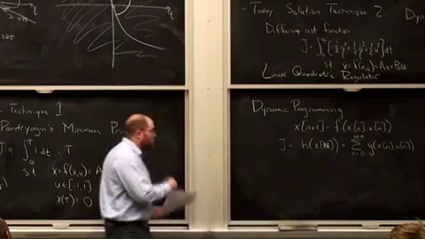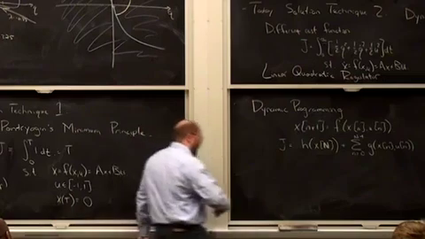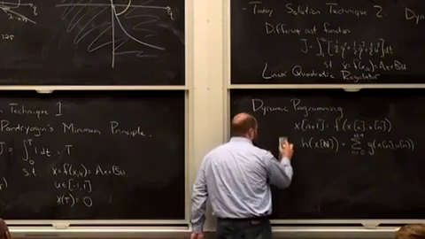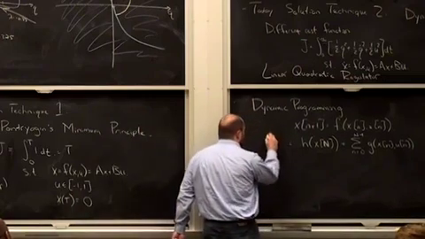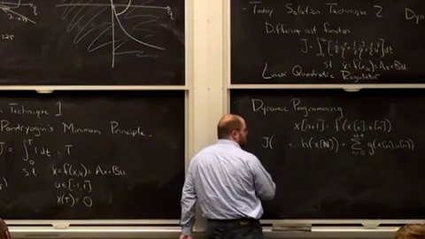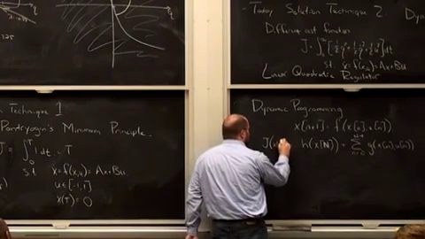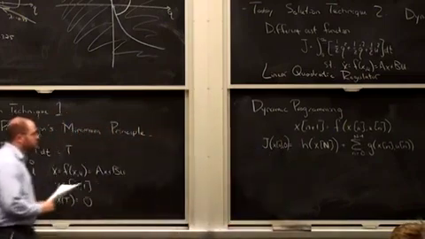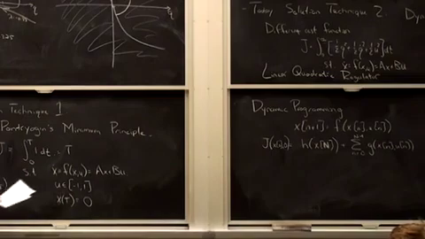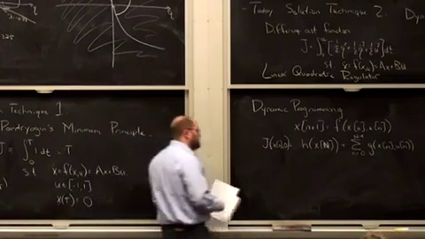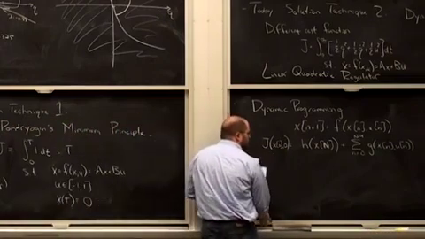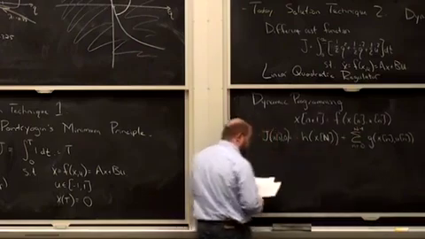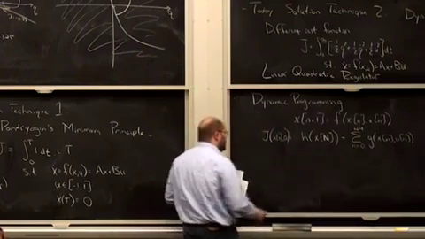So in particular, what I've been calling J is really the J of being at x0 at time 0.